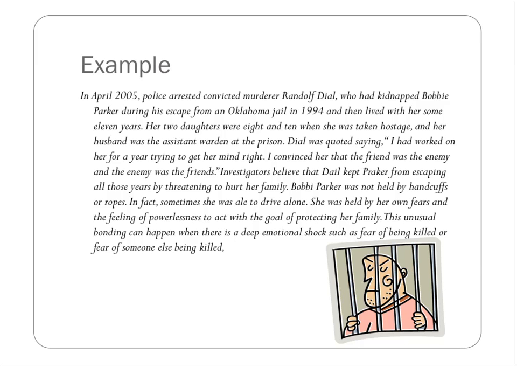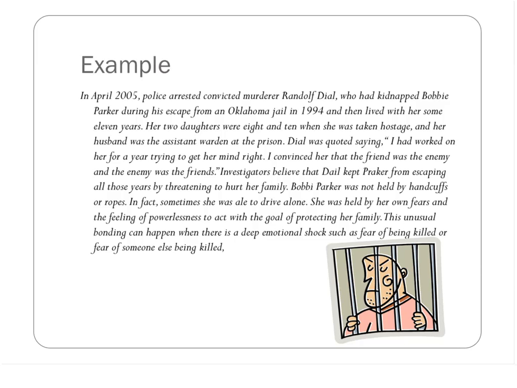of that prison. Dial was quoted saying, "I had worked on her for years trying to get her mind right. I convinced her that the friend was the enemy and the enemy was the friend." So investigators believe that Dial kept Parker from escaping all those years by threatening to hurt her family. Bobby Parker was not held by handcuffs or ropes.